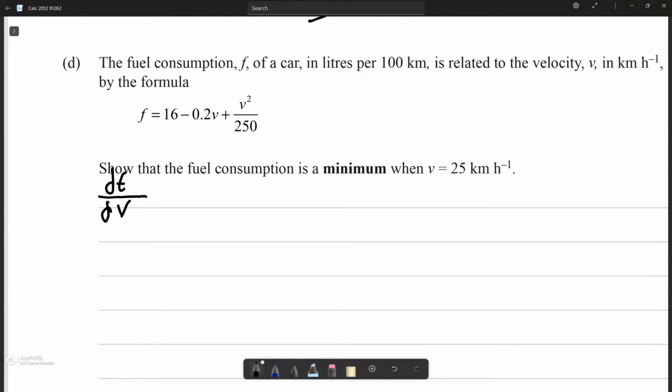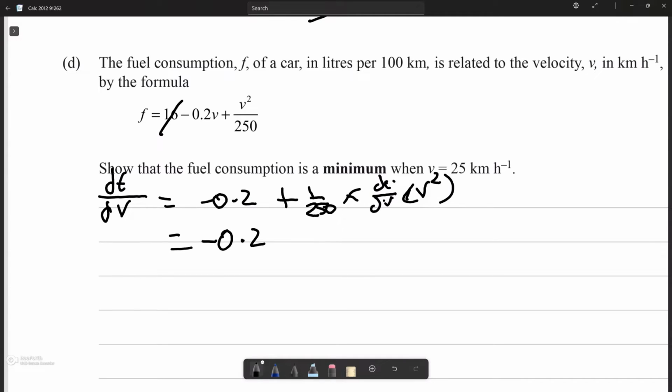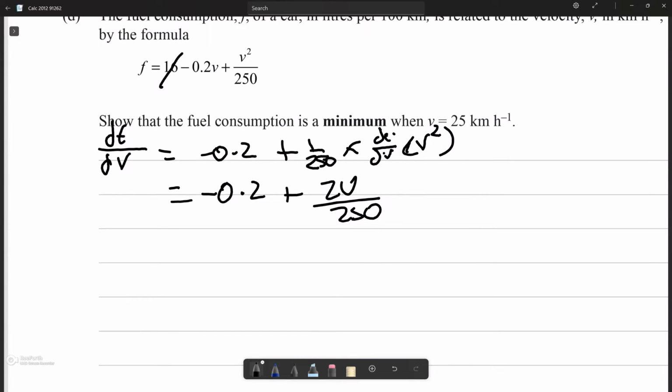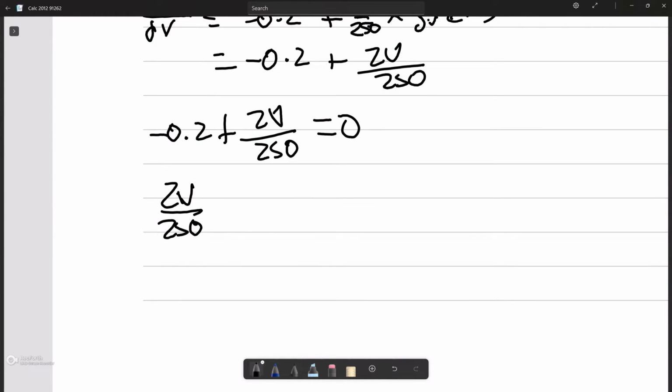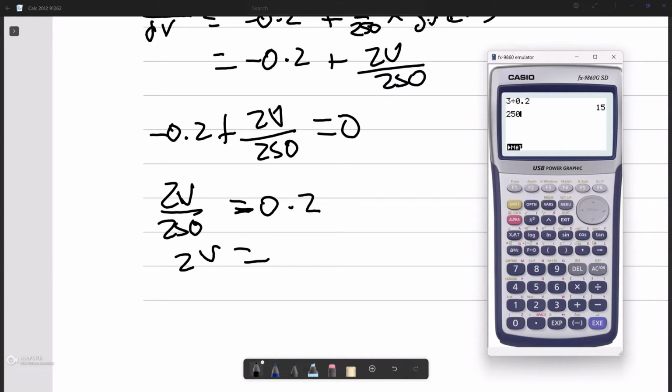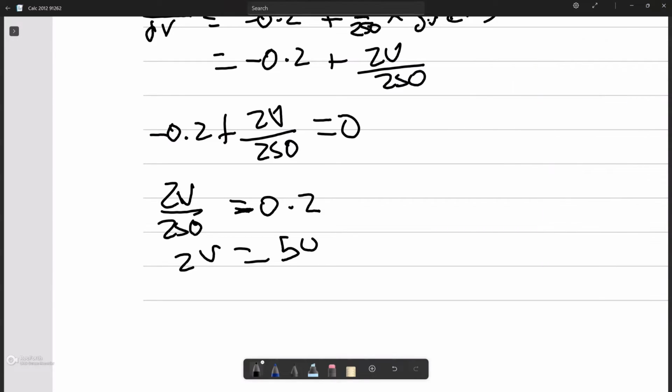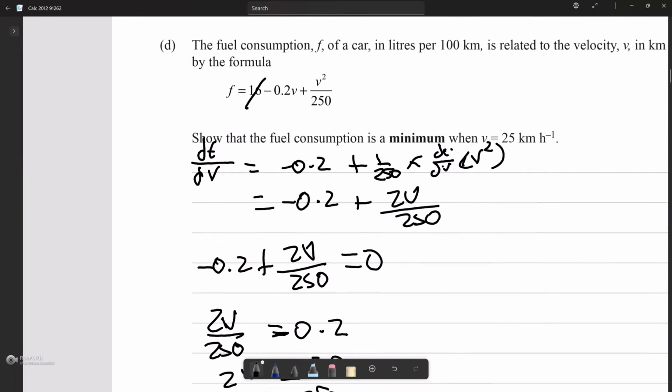So we're going to start by saying df over dv is equal to negative 0.2 plus 1 over 250 times the derivative of v squared, which is equal to negative 0.2 plus 2v over 250, and then we're going to let it equal 0, so 2v over 250 is equal to 0.2, and so 2v is equal to 250 times 0.2, which is equal to 50, and so v is equal to 25.